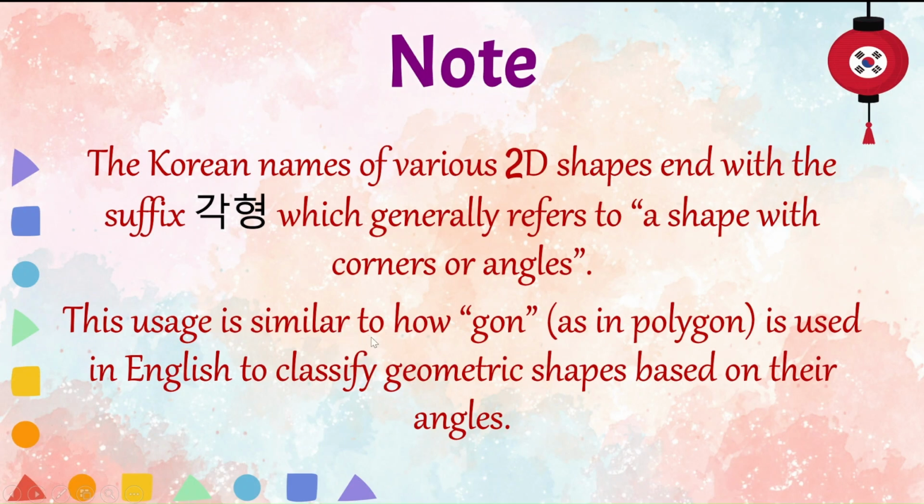This is very similar to gon, as in polygons. Pentagon, hexagon, they all end with gon in English, which is used to classify geometric shapes based on their angles. So you can compare this concept with English also. It is very easy. Just remember that 2D shapes that have corners in them, they end with the suffix gakhyeong.